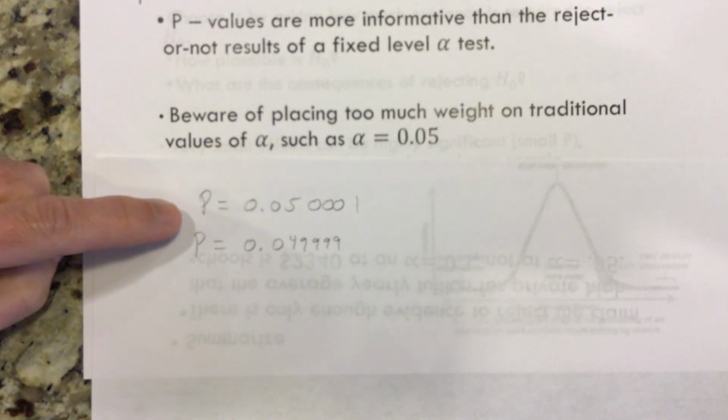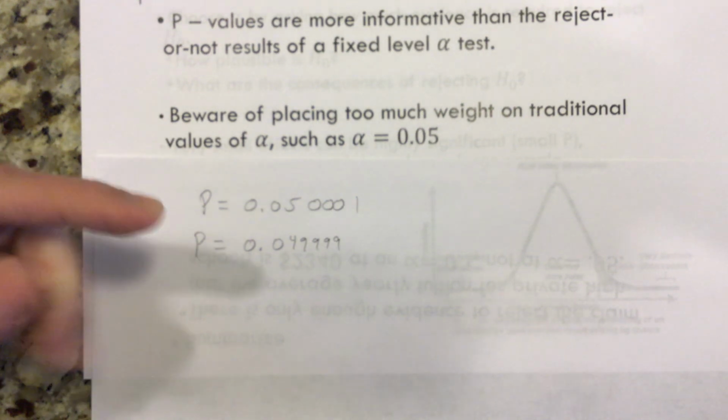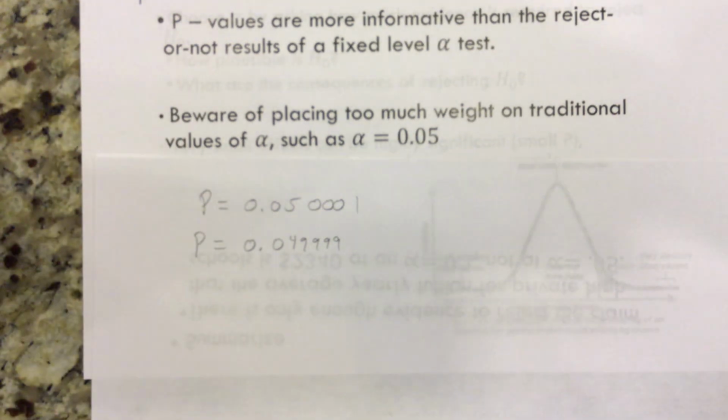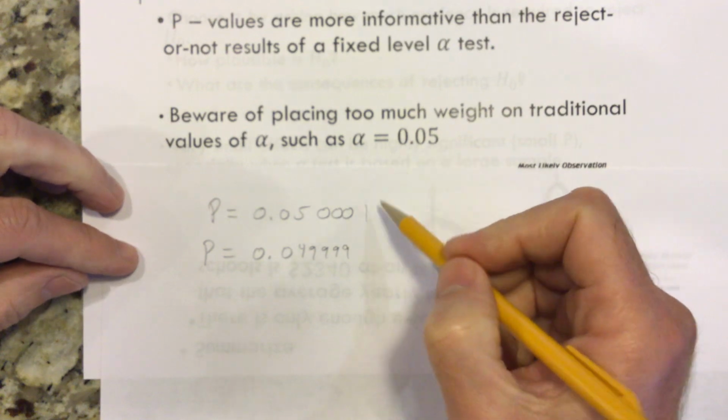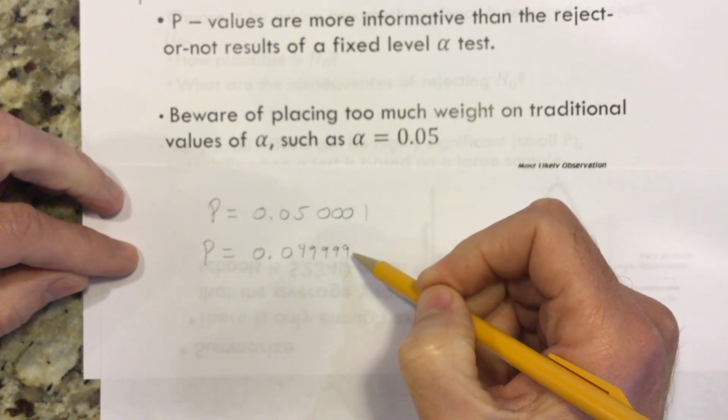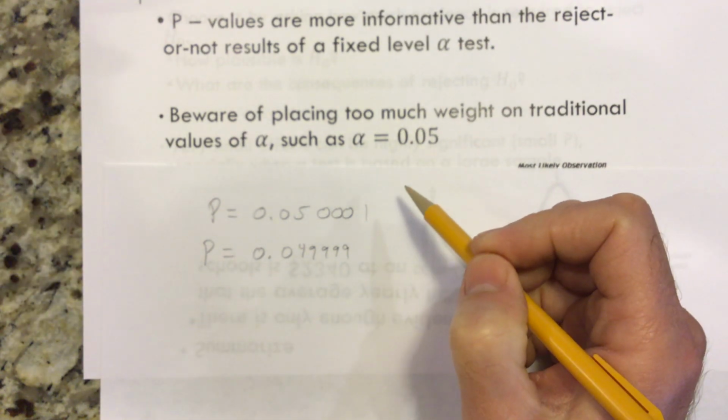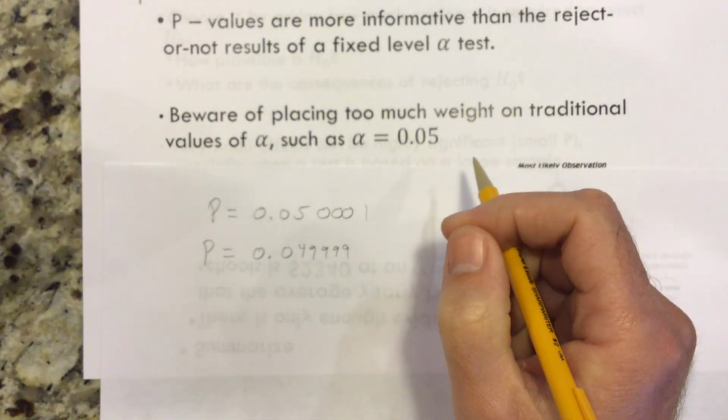Is there really any difference between these two p-values? No, these are basically the same. It's the same amount of evidence here. Yet if I just say, oh yeah, 5%, this one exceeds 5, this one's below 5, we would get two different conclusions, even though it's really the same amount of evidence.